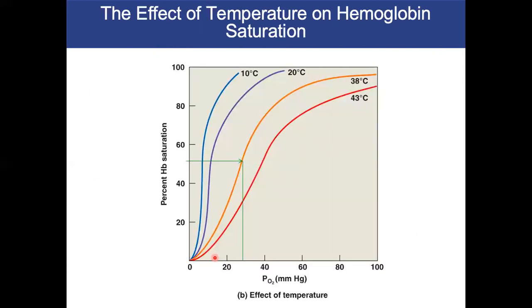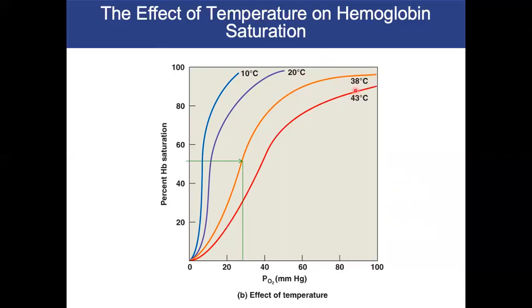Okay, so let's look at the effect of temperature on hemoglobin saturation. So again, we're going to pick 50% because it's easy to see the differences. Look at the colored lines. The orange line is 38 degrees Celsius.